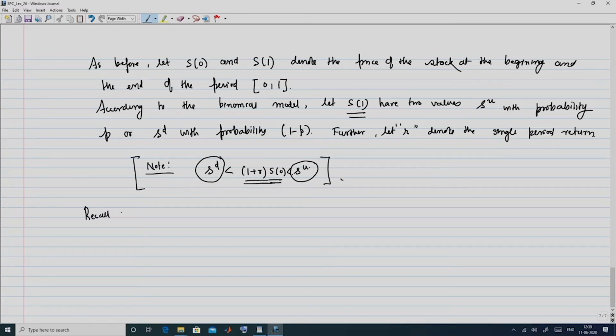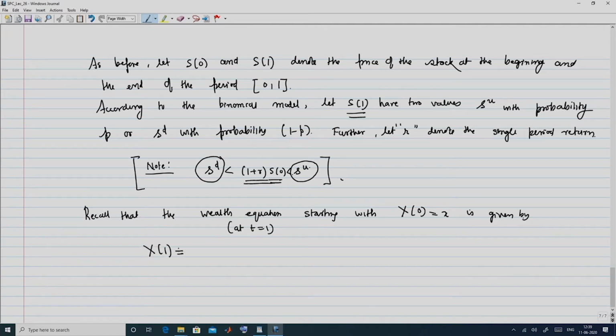Now recall the wealth equation, starting with the wealth level x0 equal to x. The wealth at t equal to 1 is given by x of 1. And how do we get this?